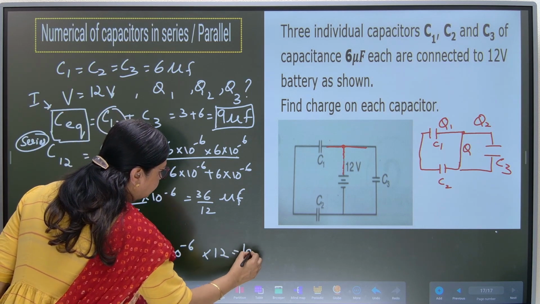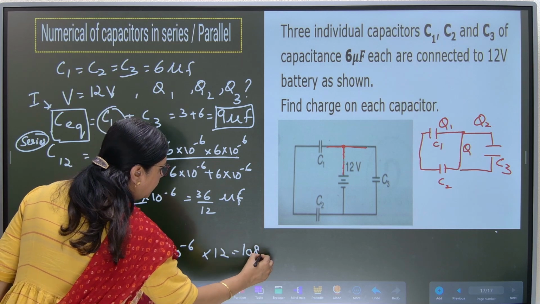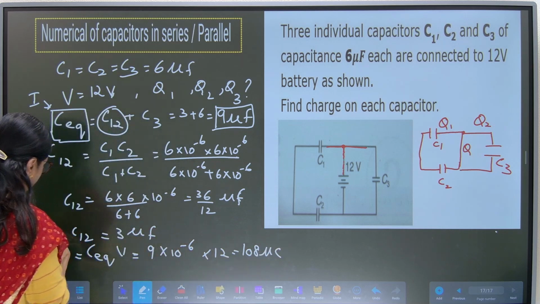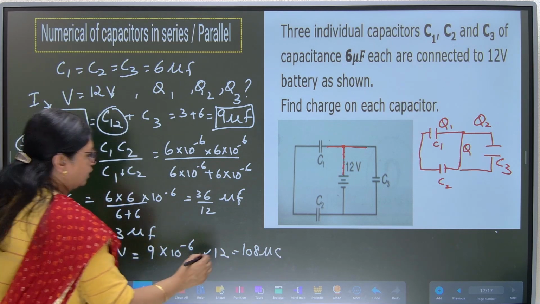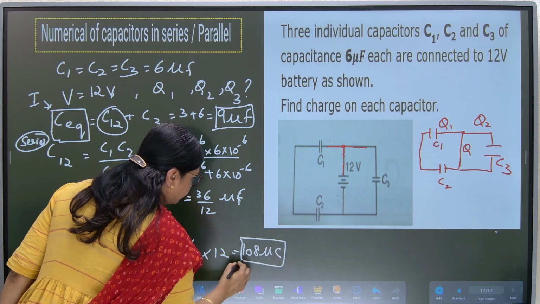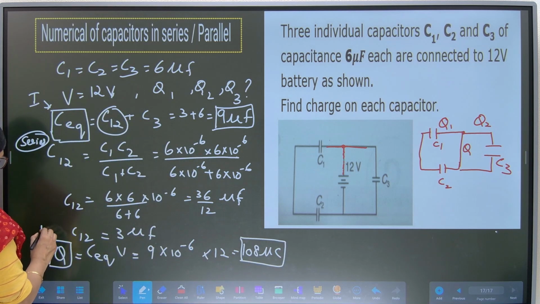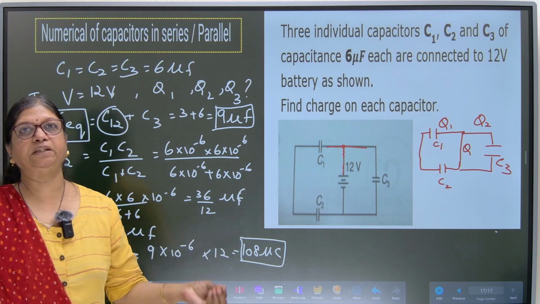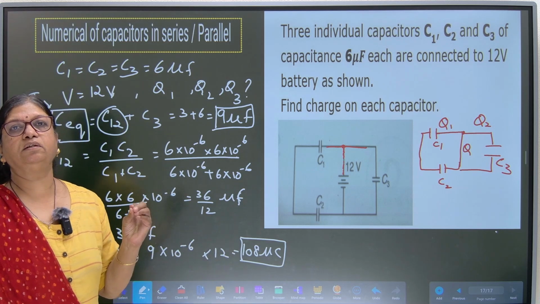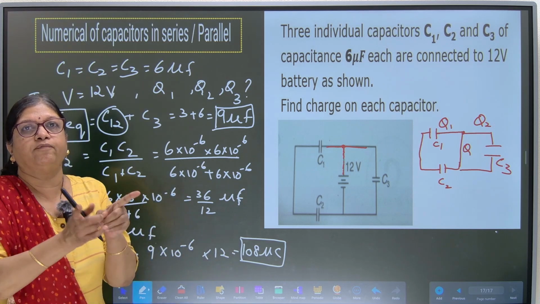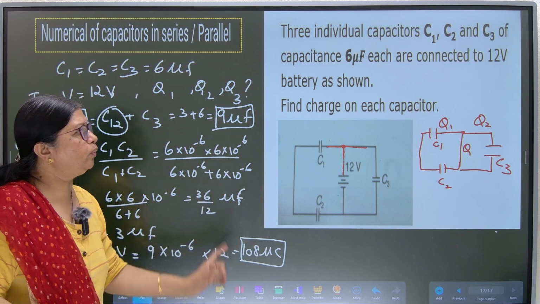So the answer is 108 microcoulomb. So our step 2 with Q equal to 108 microcoulomb is over. Done. So it means the total charge is 108 microcoulomb, which is distributed into Q1, Q2.